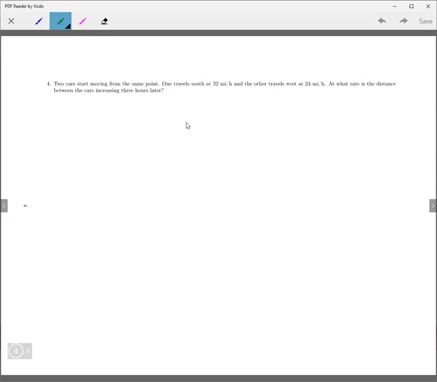So you have one car that's moving south at 32 miles per hour. And then you have another car that's moving west at 24 miles per hour. Okay, and then we have the distance between them, right?